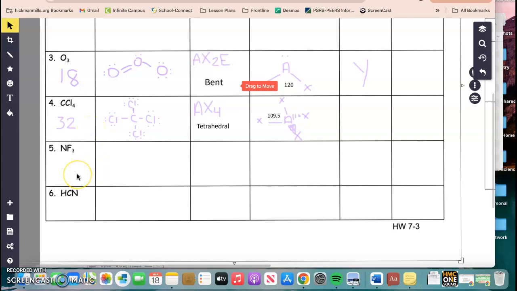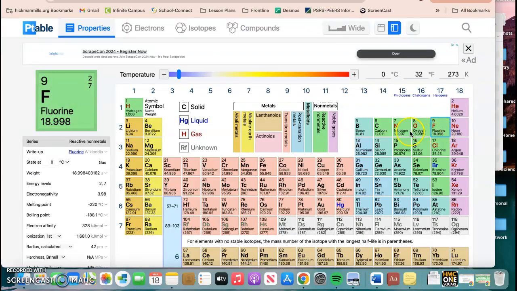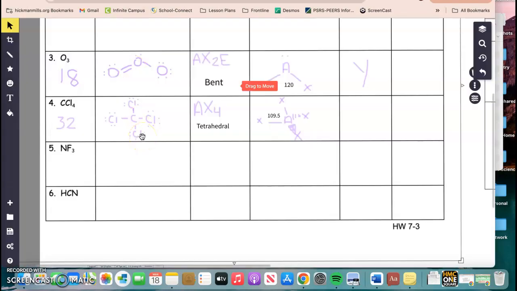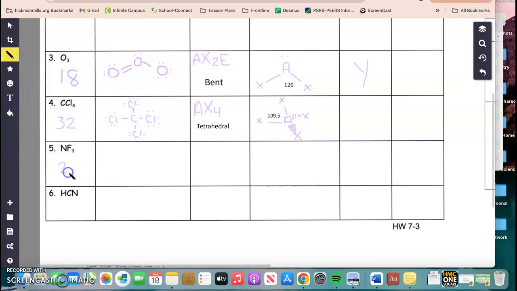Okay, next one we have is NF3. So fluorine is 7, nitrogen is 5, so that would give us a total of 26. Okay, so nitrogen in the center, surrounded by 3 fluorines.